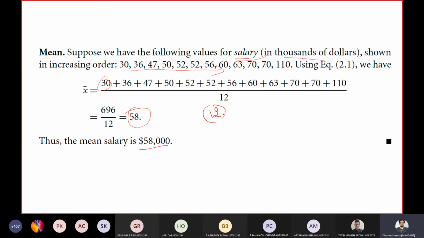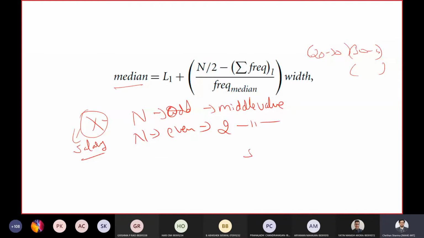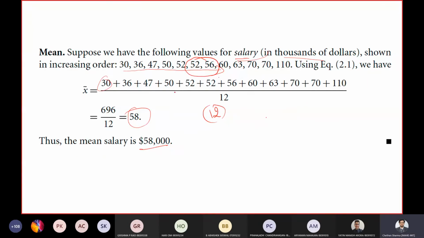So we have to take the two middlemost, which are 52 and 56. So the median will be the average of these: 52 plus 56 divided by 2, which gives you 54. So the median of the data set is $54,000 for this data set.